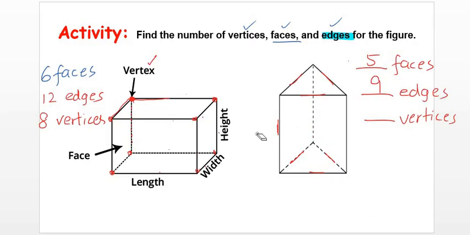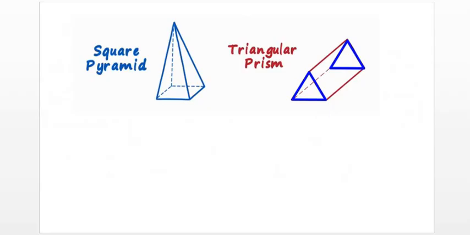Now how many vertices does it have? It has 3 vertices or 3 corners on the top like this, and 3 corners here in the bottom, right? So together it has 6 vertices. Clear? Okay. Here we have some more examples. This is a triangular prism. Already I explained it. This is a square pyramid.